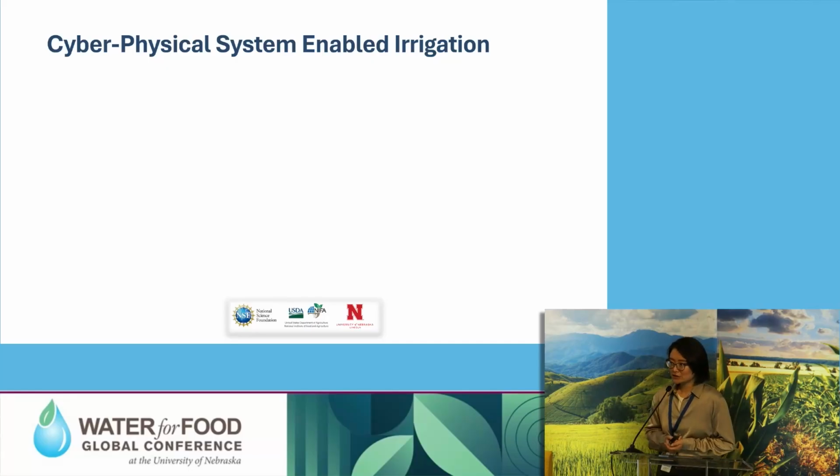I'd like to introduce two projects that I've been involved in, or that I'm the PI on. The first one is a combined NSF and USDA project, the Cyber-Physical System enabled variable rate irrigation management.